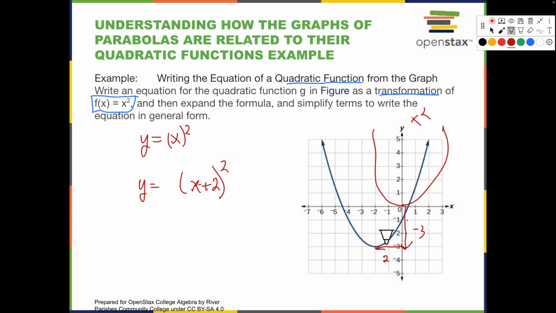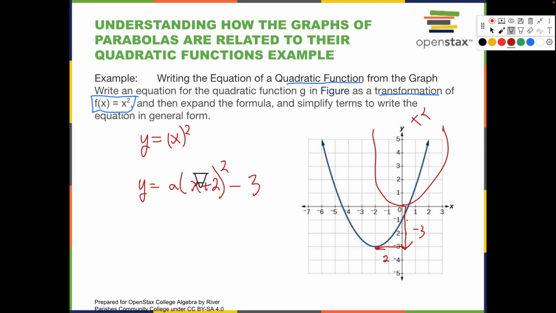And to move it 3 down, we subtract 3. The only thing we're not sure of is that maybe this has been stretched or shrunk somehow. So there could be this value here of a, and it's just some number. We don't know. They use a. It doesn't necessarily mean it's the a from the quadratic equation, but it's just a variable.